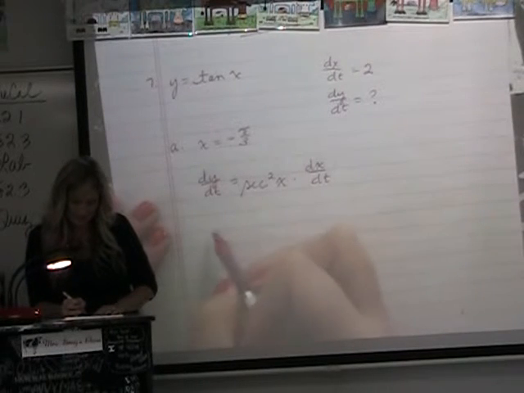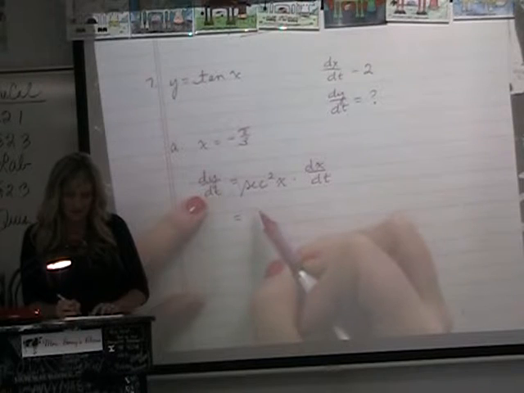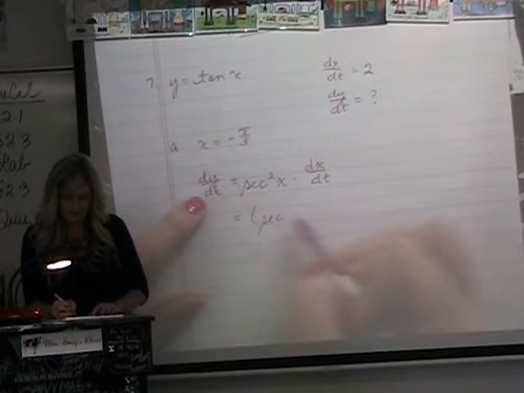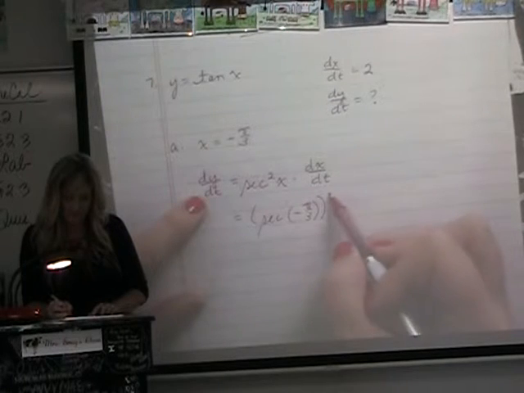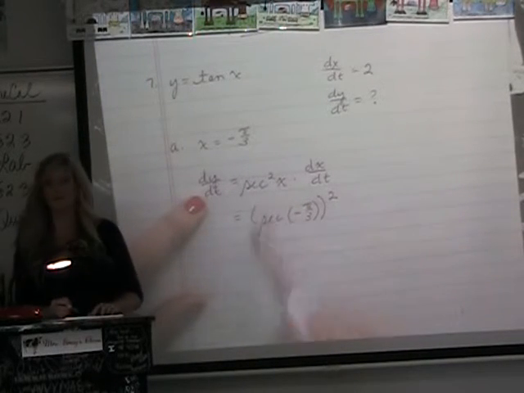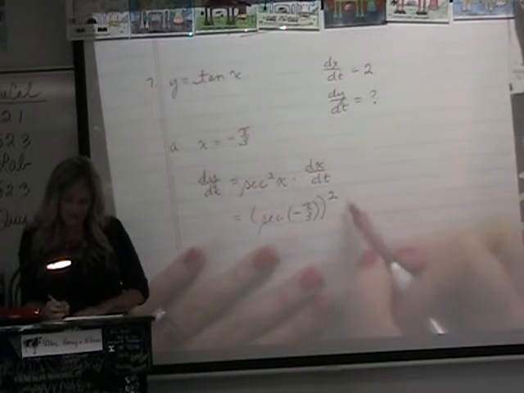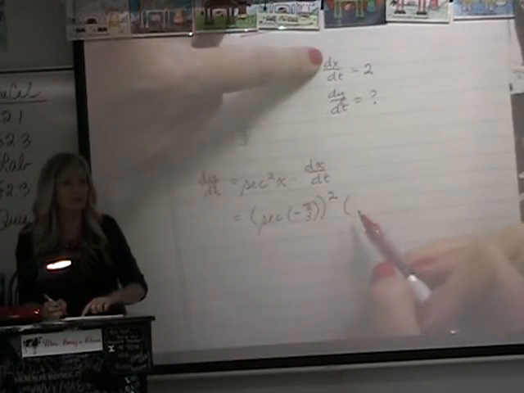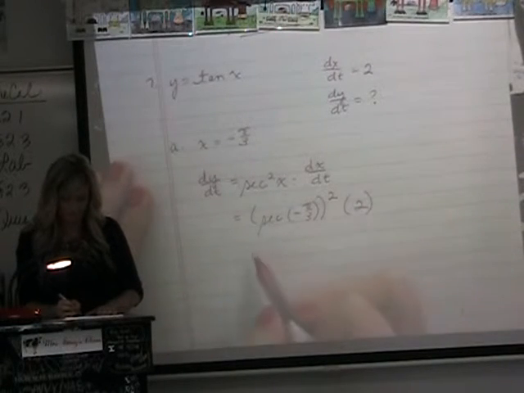Then we find dy by dt by subbing in negative pi over 3 for x and squaring it. Remember, secant squared just means secant of x quantity all squared. And dx by dt, they told us in the directions, was equal to 2.